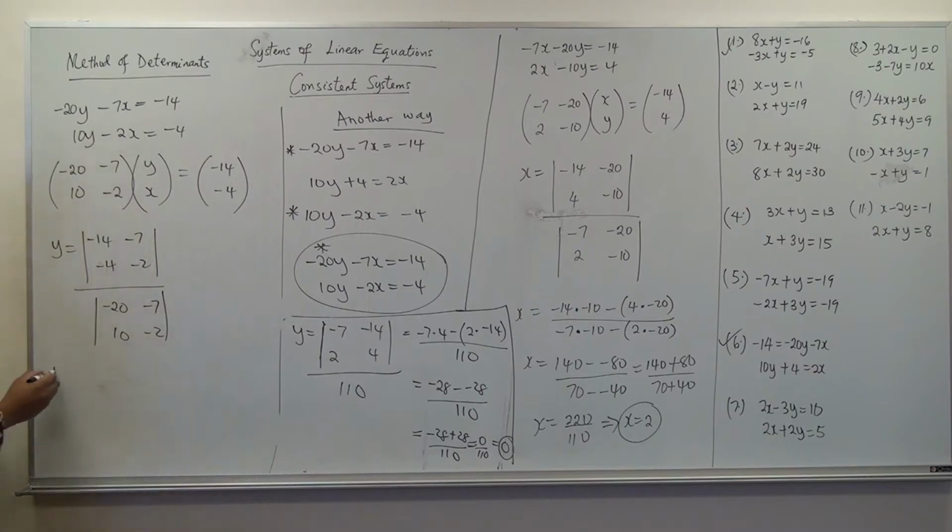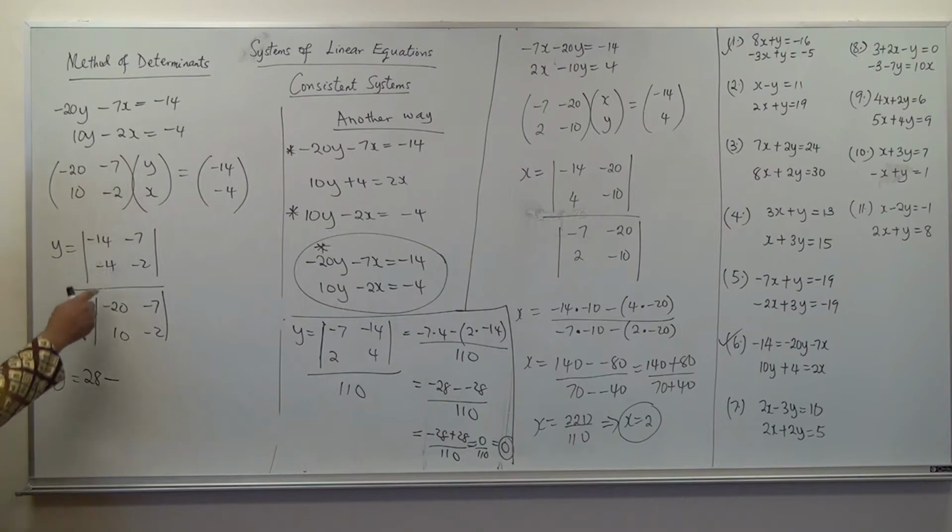Right? So y will now be negative 28, of course. If you multiply this, this will give you negative 28 minus negative 4 times negative 14 times negative 2 is 28. I'm sorry, negative 14 times negative 2 is 28.